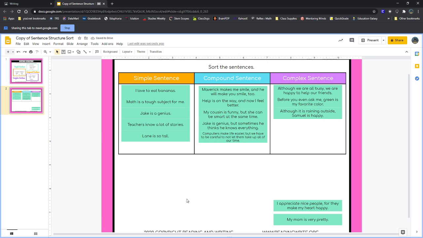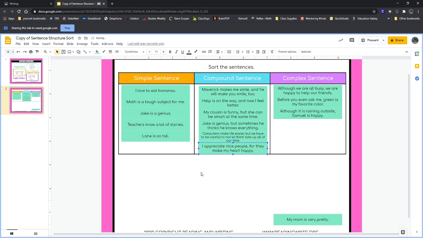I appreciate nice people, for they make my heart happy. Christopher, what do you think? This is a compound sentence. It's got the comma and the conjunction. And the last one, my mom is very pretty.